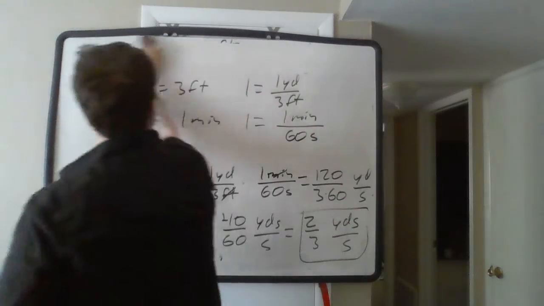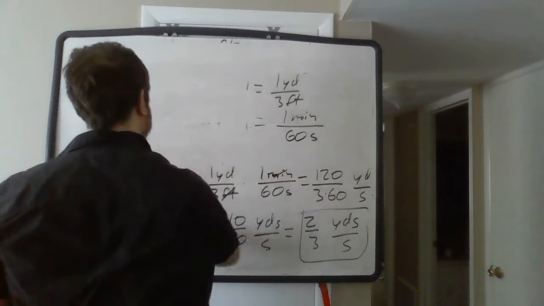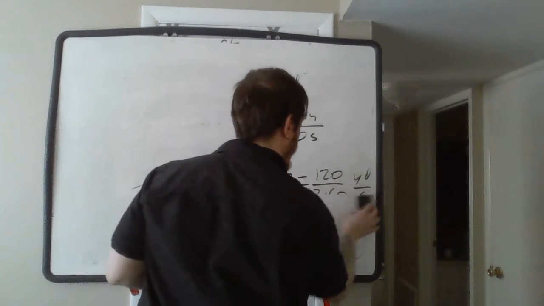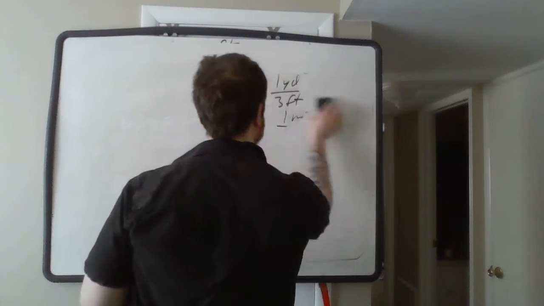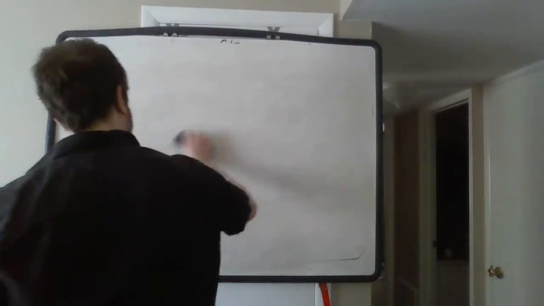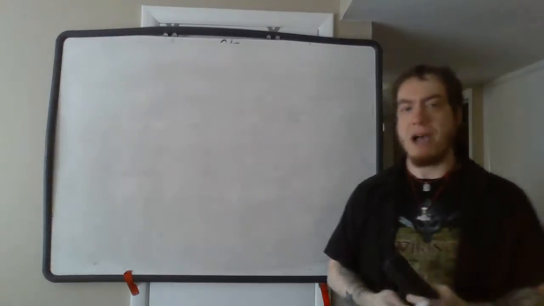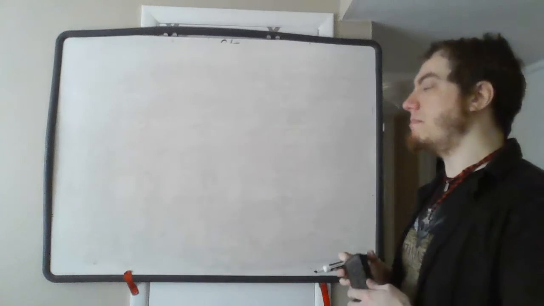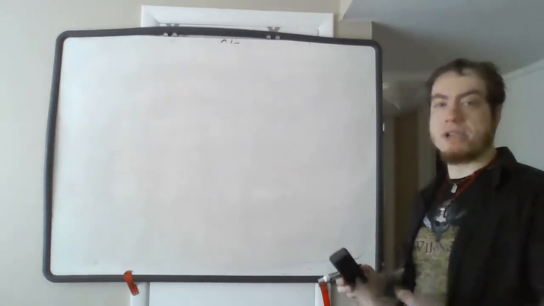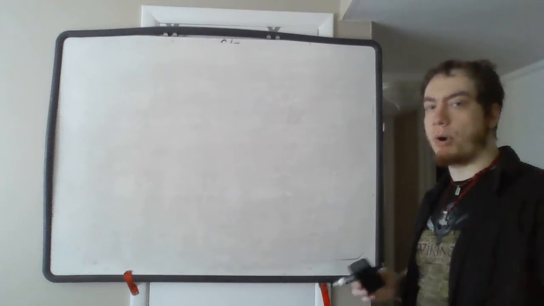Let's take a look at a slightly different example. Another kind of unit conversion that can be common in some applications is when we think about pressure. Now, pressure can be thought of in some contexts as a weight per area.